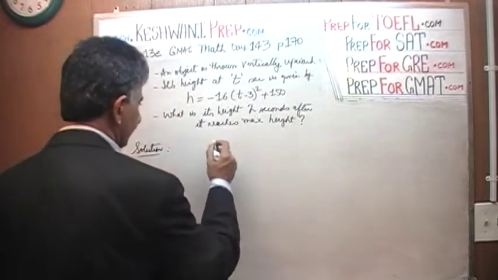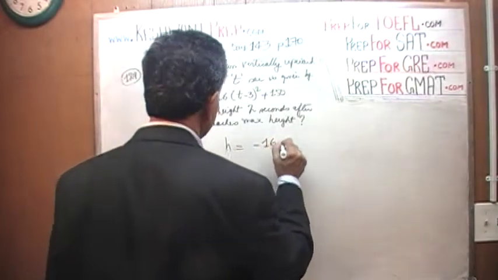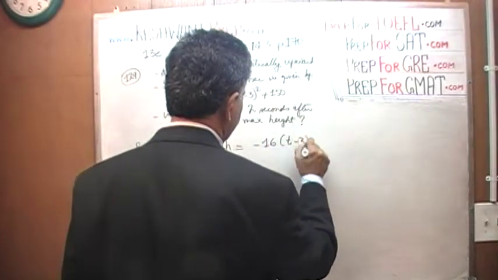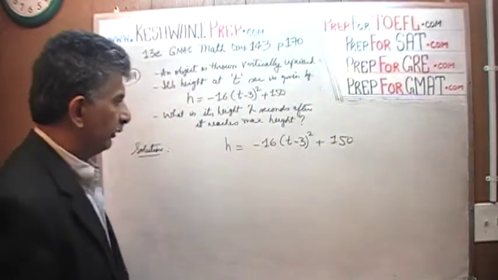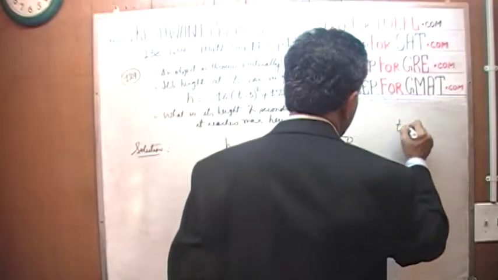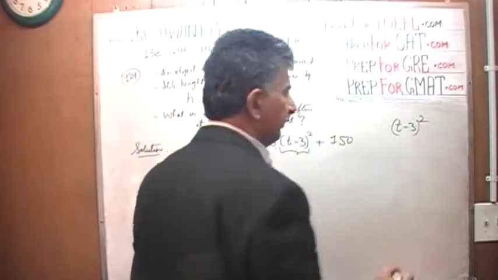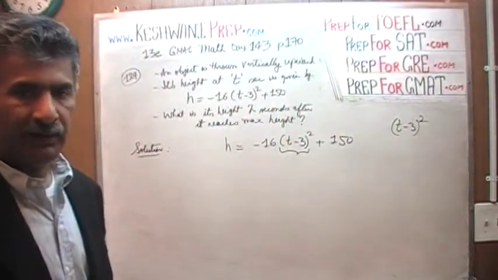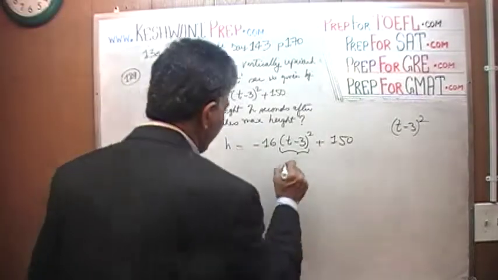Here's the equation rather. H equals -16 (t minus 3) squared plus 150. Now what we have to understand is that this part here, t minus 3 squared, doesn't matter what this quantity is, whether it's positive or negative. When you square any quantity, whether it's positive or negative, it becomes positive.